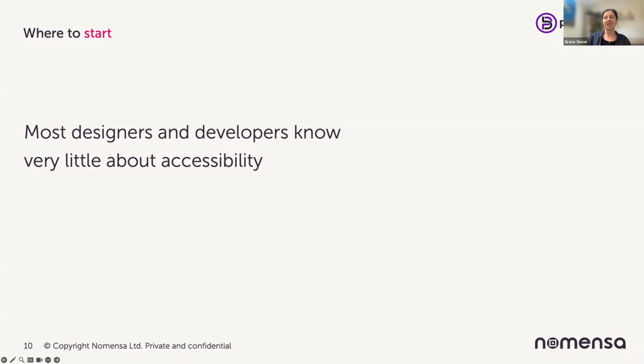They're just expected to learn it in a couple of hours. Similarly, designers have very little experience or exposure to the different needs that people may have and the different ways they might interact with digital interfaces. And if they don't have the awareness, they won't build in the alternatives and won't have considered accessibility early enough in that design process.